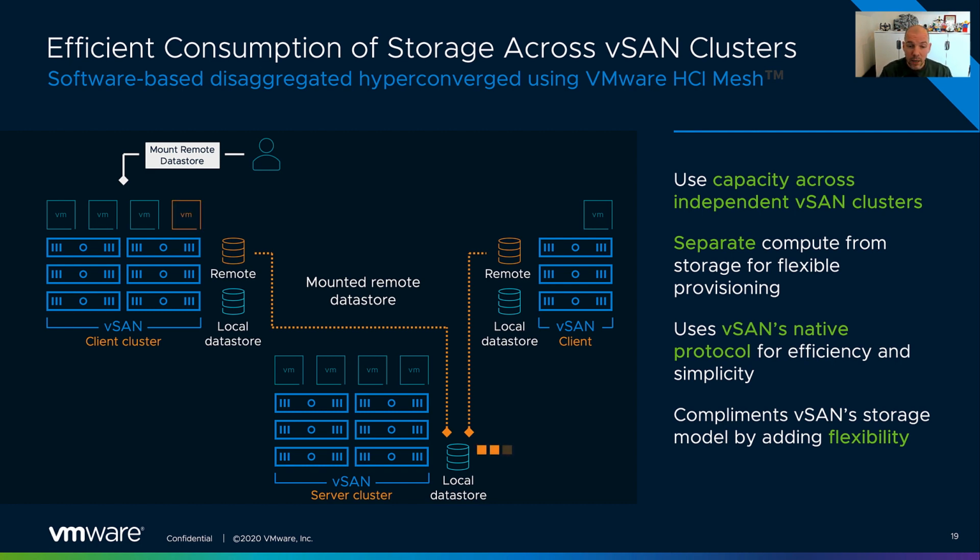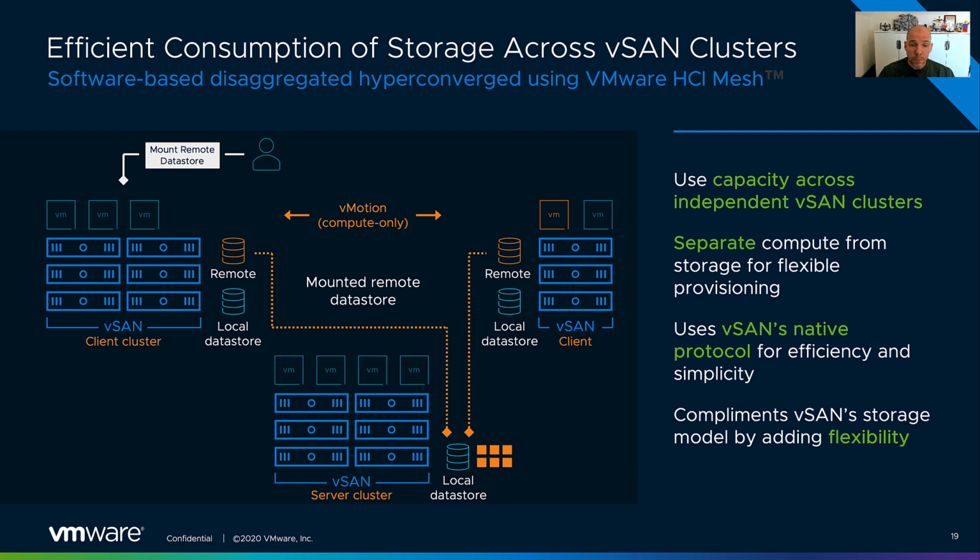So if you have a vSAN cluster that doesn't have sufficient capacity, or you have multiple vSAN clusters that don't have sufficient capacity, you can now mount a vSAN data store which may still have loads of capacity available, which not only then allows you to provision a virtual machine on that remote data store, but it will also allow you to move that virtual machine around between one cluster and the other cluster using a regular vMotion process. So not a storage vMotion process, but a regular vMotion process. And that is something that we've also introduced as part of vSAN 7.0 Update 1.